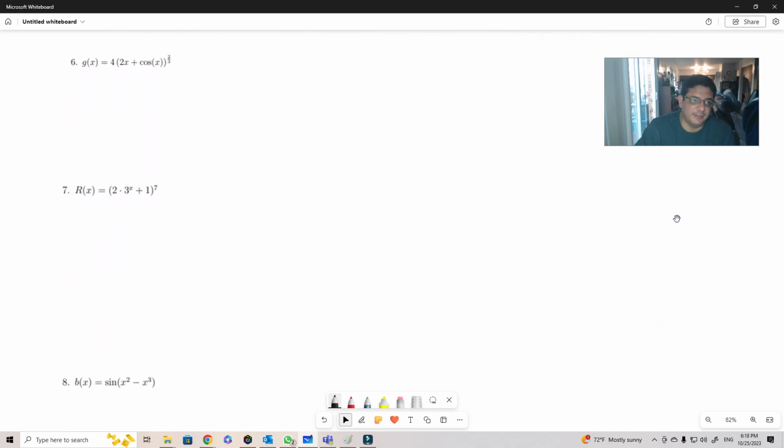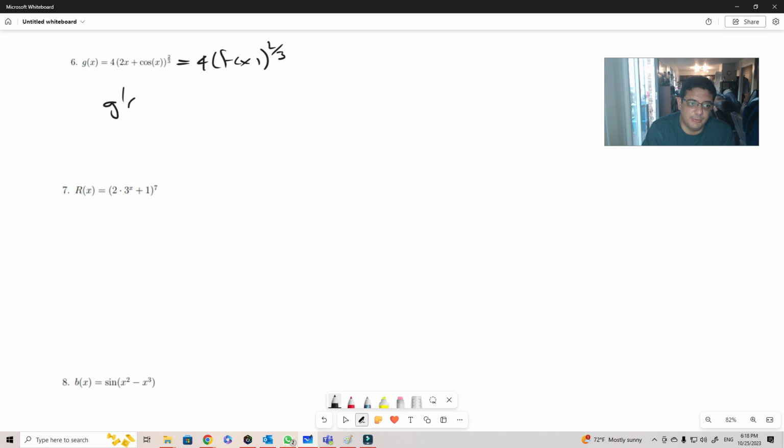Now number 6 is 4 times 2x plus cosine of x to the 2/3. Again, I can see this as 4 f of x power to the 2/3, right? So it's a power, again, the main derivative.